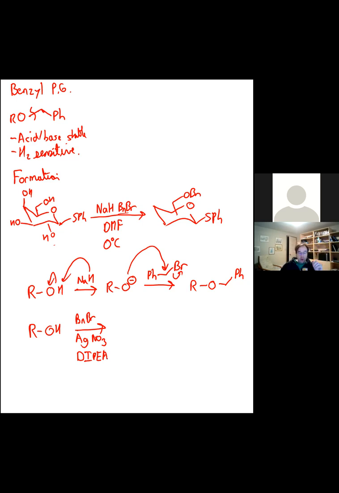And so you do have added stability that does make silver enough to weaken that carbon-bromine bond enough that an alcohol can now act as a nucleophile. So this is a little bit more problematic. You do need to add heat, but you will get there in the end, and you don't use any strong base. And this is stable to acetates.